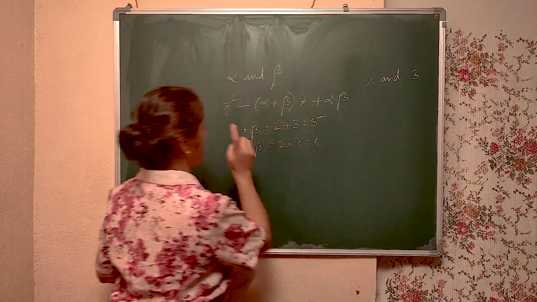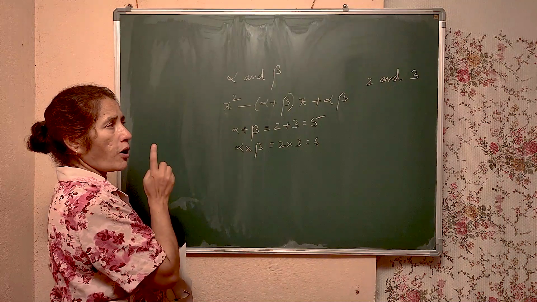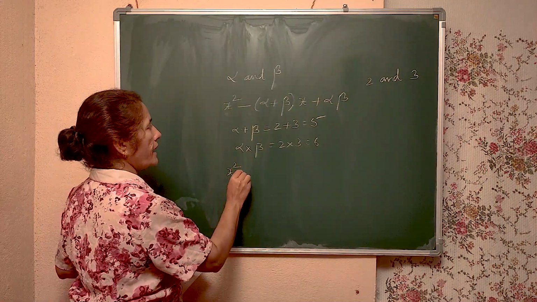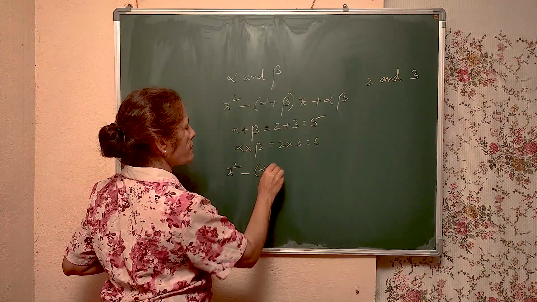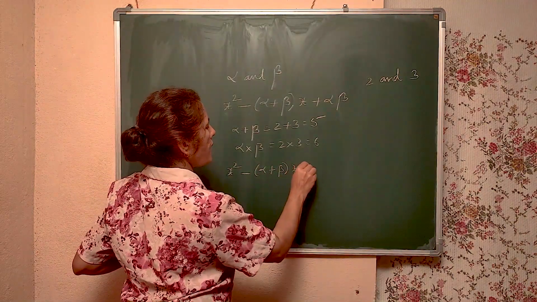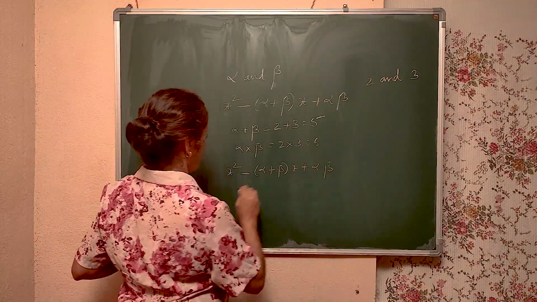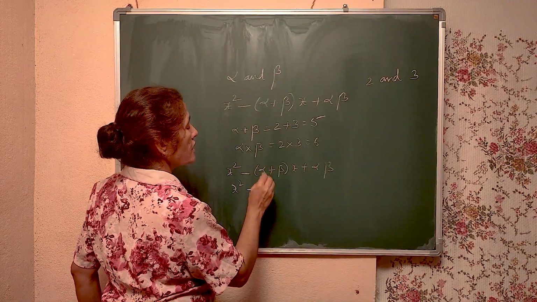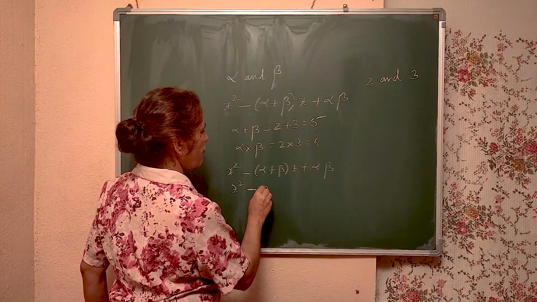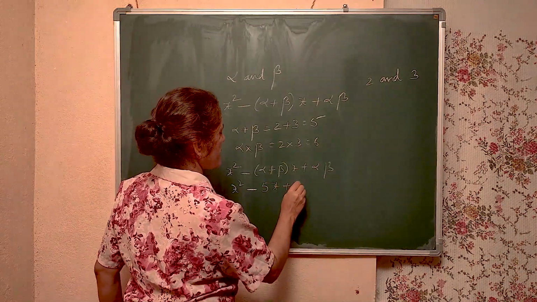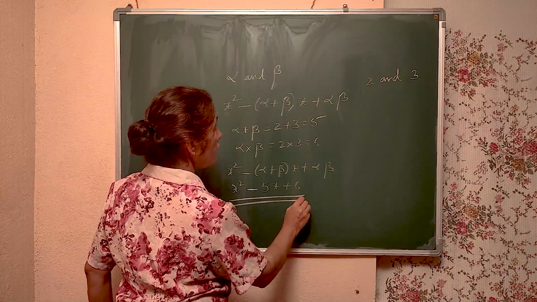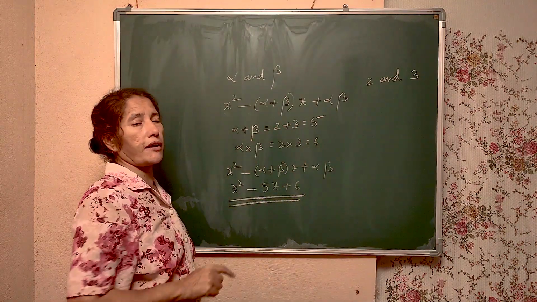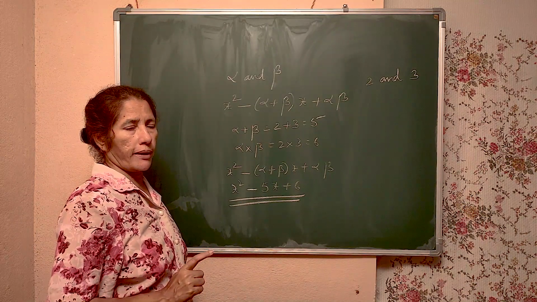So now write down the form of the quadratic polynomial: x² minus (alpha plus beta) x plus alpha beta. What is alpha plus beta? 5. So x² minus 5x plus 6. This is the answer when the roots are given and you are finding the quadratic polynomial.